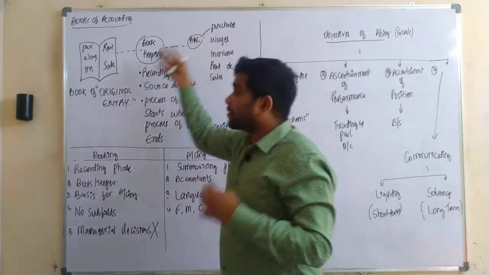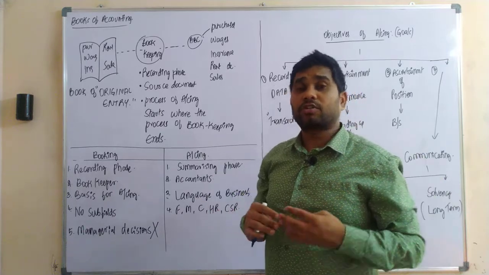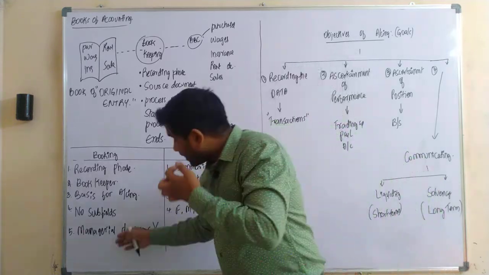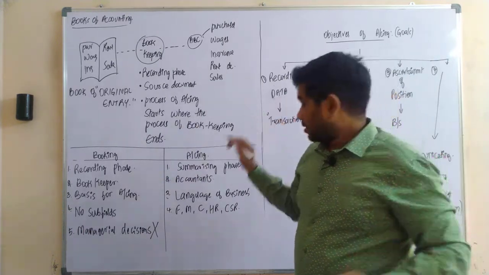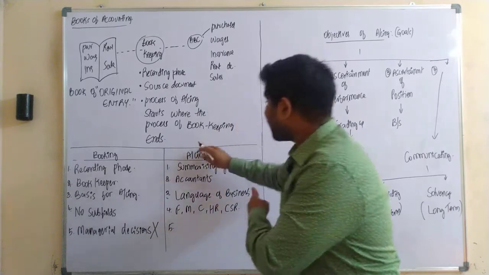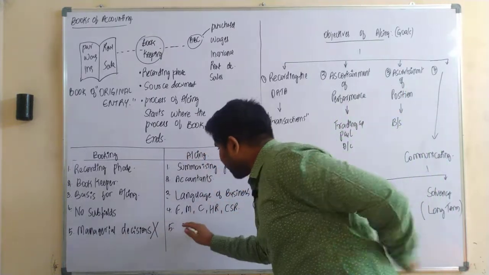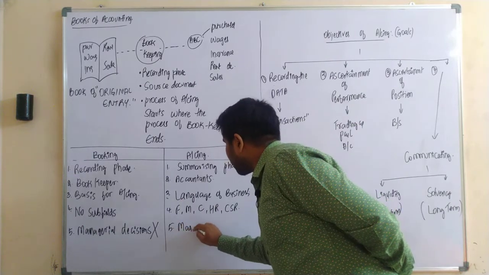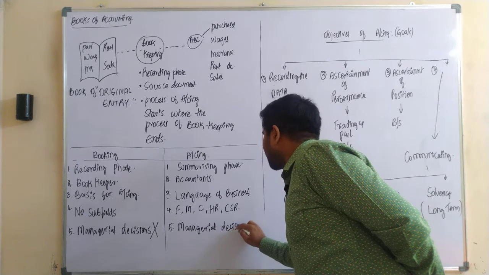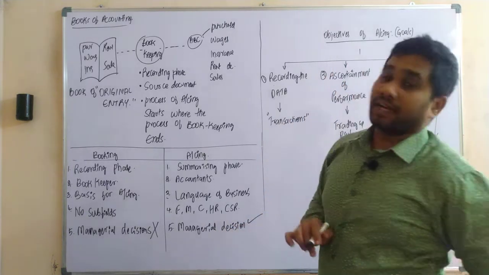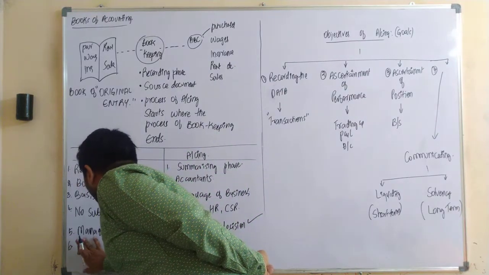So based upon that rough data, you cannot analyze what needs to happen and what you're supposed to do. So the managerial decisions cannot be taken based on the bookkeeping data. Whereas based on the accounting, you can take the managerial decisions. So that means managerial decisions can be taken. Next one. Financial position.